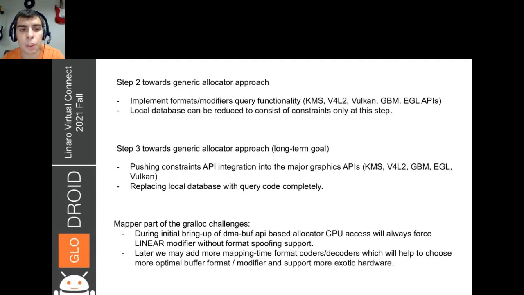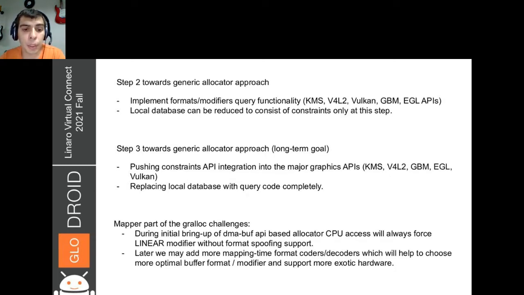As was mentioned before, a query API for the format modifiers set is already available for KMS, Video for Linux, Vulkan, and GBM APIs, probably GL APIs, I'm not sure. And after we implement this query logic, we can reduce our hard-coded local database to consist only of constraints for each of the graphics components.